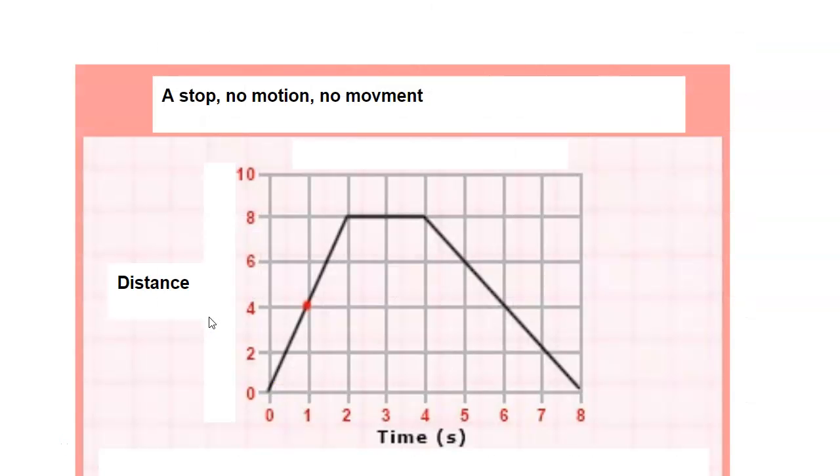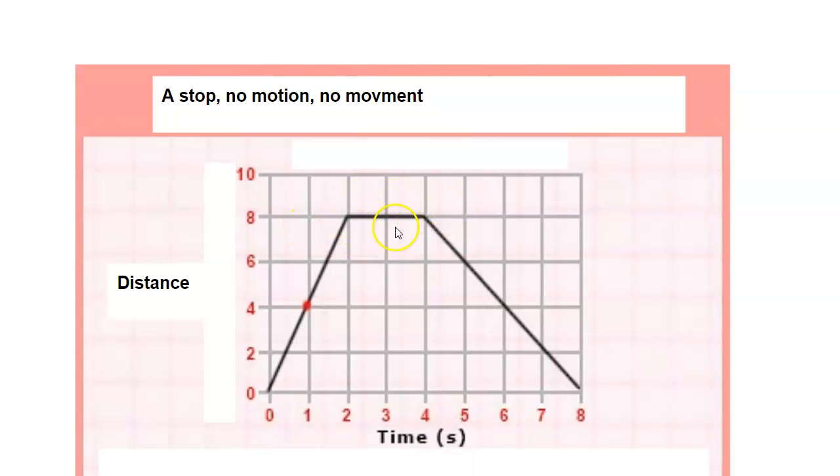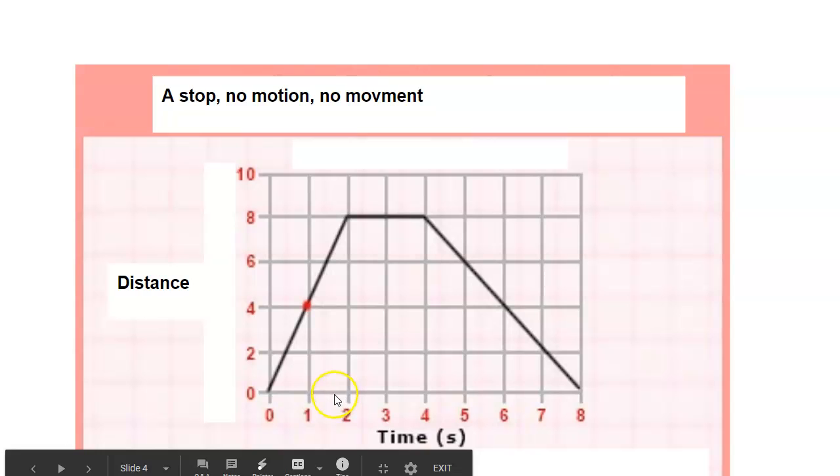Okay. So for this one, I don't want this to confuse you because this is a motion graph story. This describes the movement of an object. This part right here, this flat part, that shows a stop. That shows no movement is taking place because time never stops. Time continues to go. There's nothing we can do about that in real life.